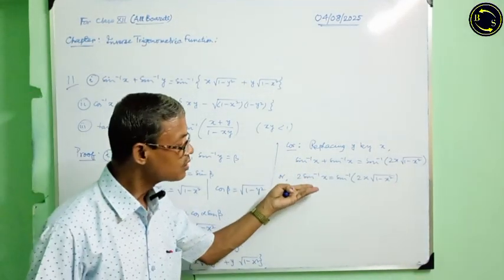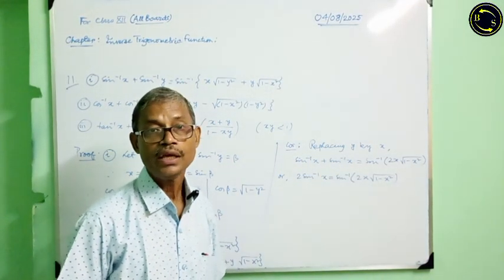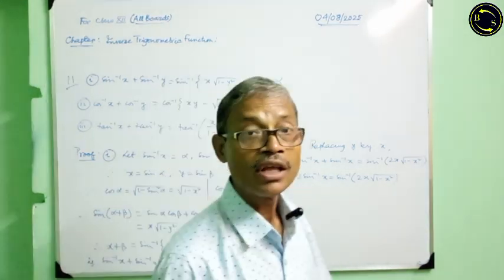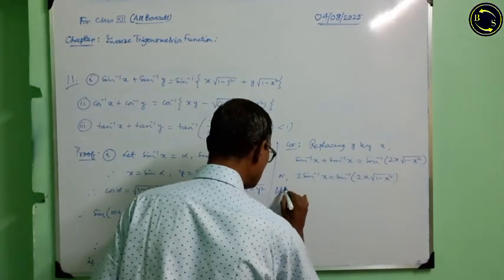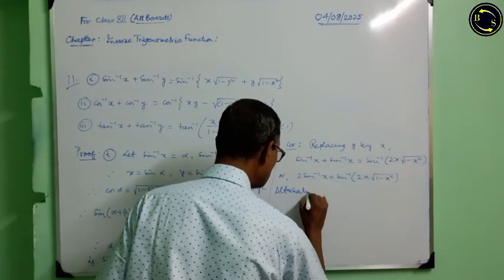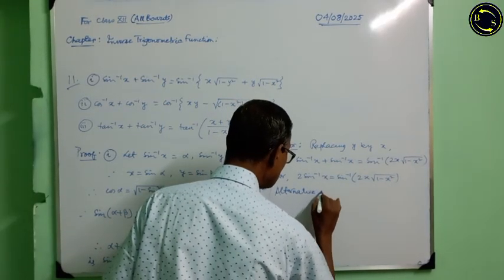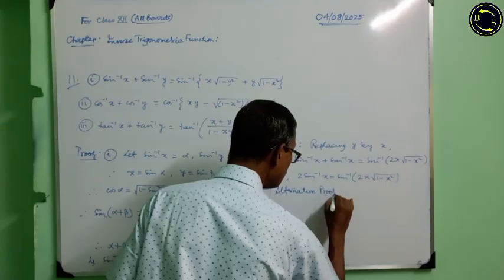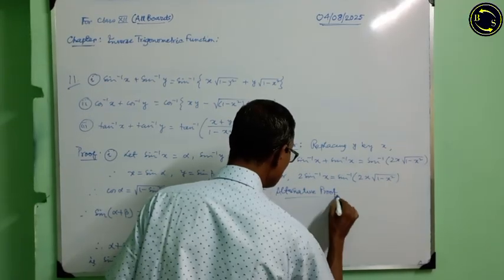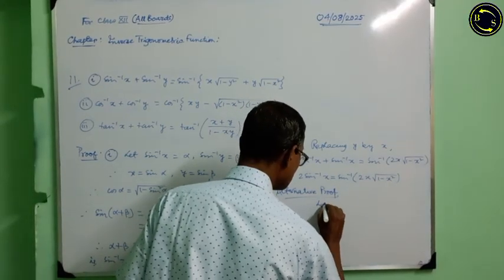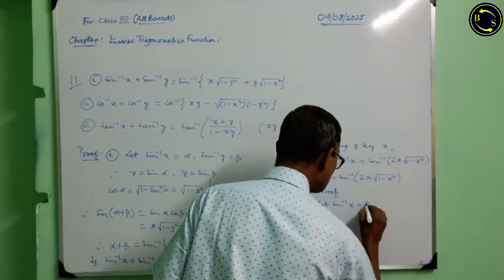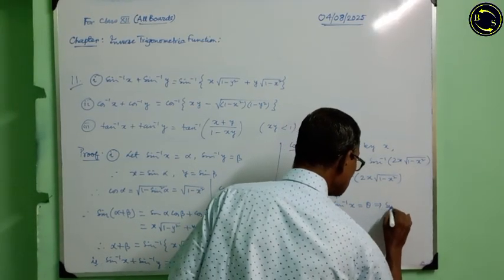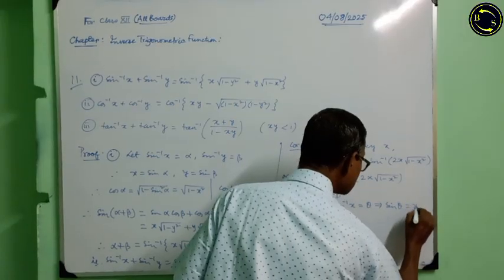We can prove this also in a different way using the multiple angle formula. What is that? Alternative proof. Let sine inverse x equal to theta, therefore sine theta will be x.